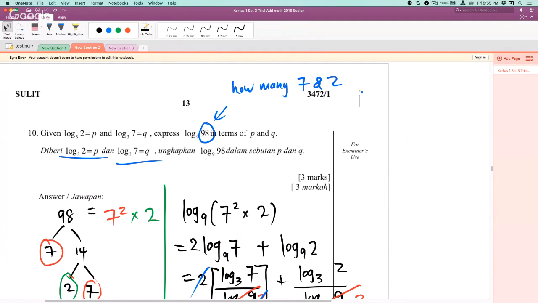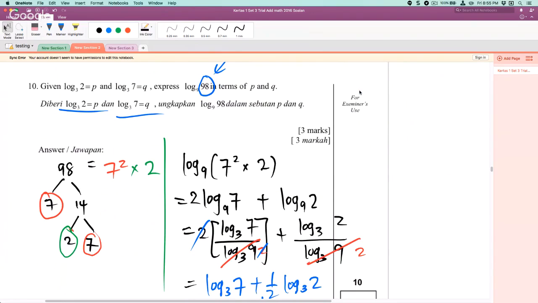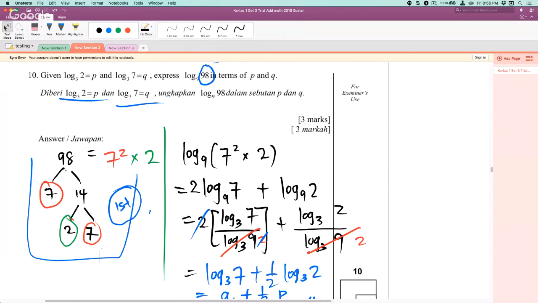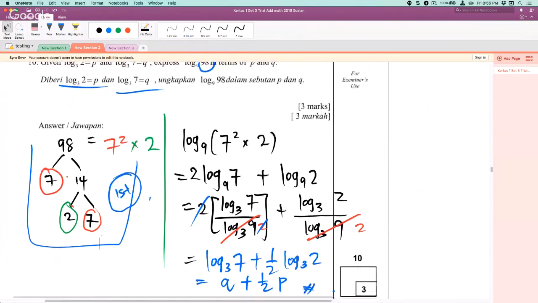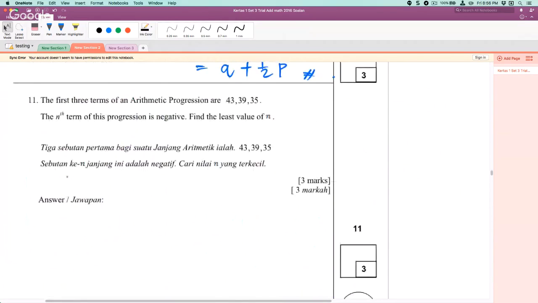But then you do not know, so this is the reason why I do the first step here. I want to know if you can divide by all these prime numbers, that means all these prime numbers multiplied, you will get that value. So no matter how complicated the number you got, you just do this one. Definitely correct. Okay, so let me move on.